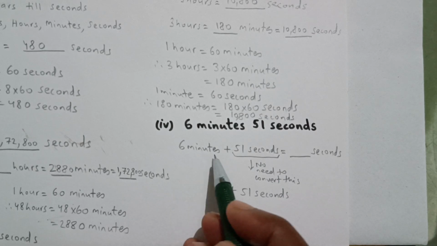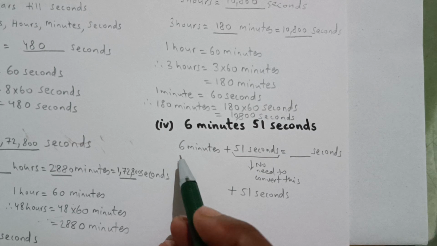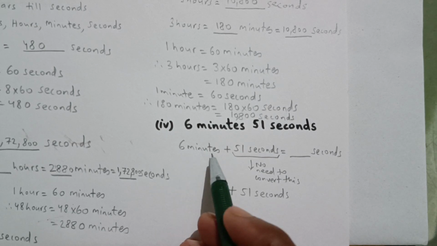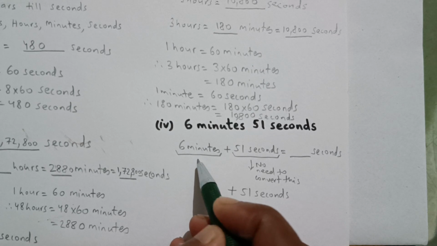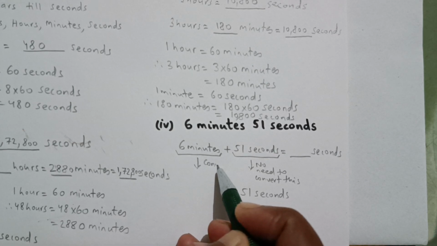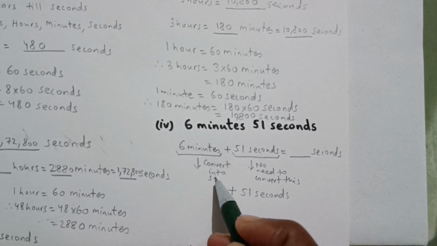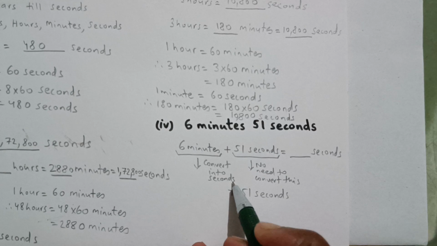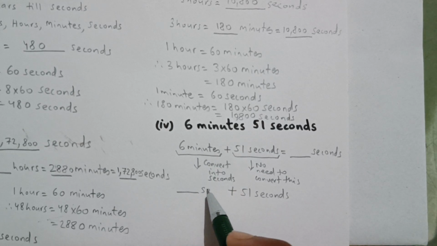Now look here, 6 minutes. We have to convert it into seconds. So 6 minutes is how many seconds?